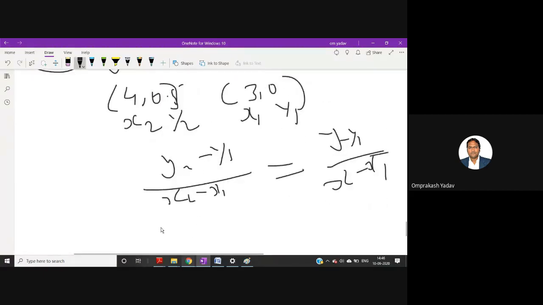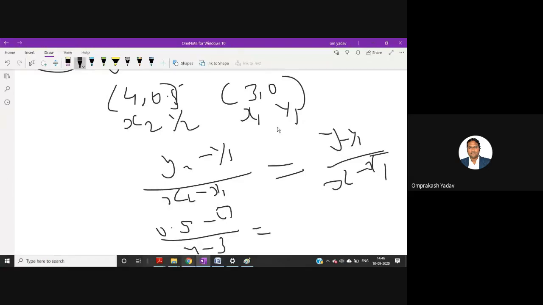So y2 minus y1 is nothing but 0.5, minus y1 which is 0, divided by x2 minus x1. So x2 is 4 minus x1 which is 3, equal to y minus y1.